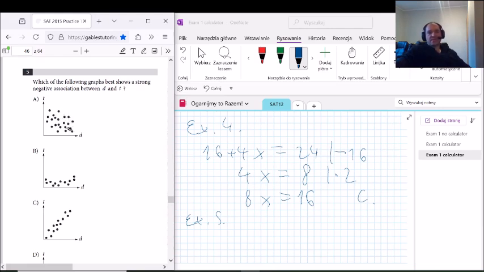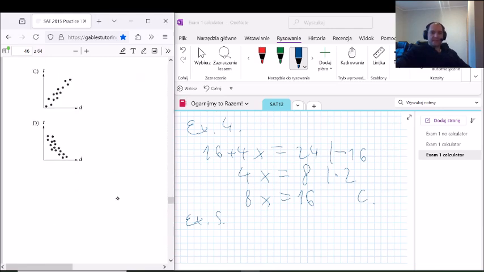I would say it's closer to independent than to negative association. In B, we can see that T has just low values no matter what the value of D is. So they would also, I think, be close to independent. So here the answer is D.